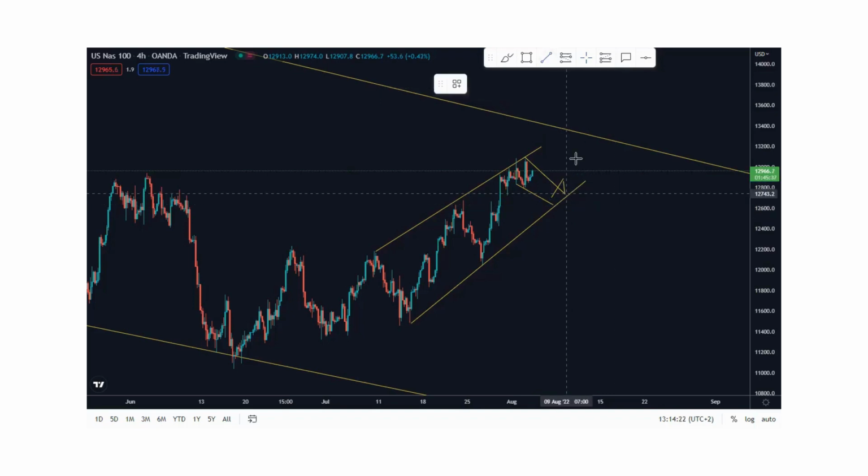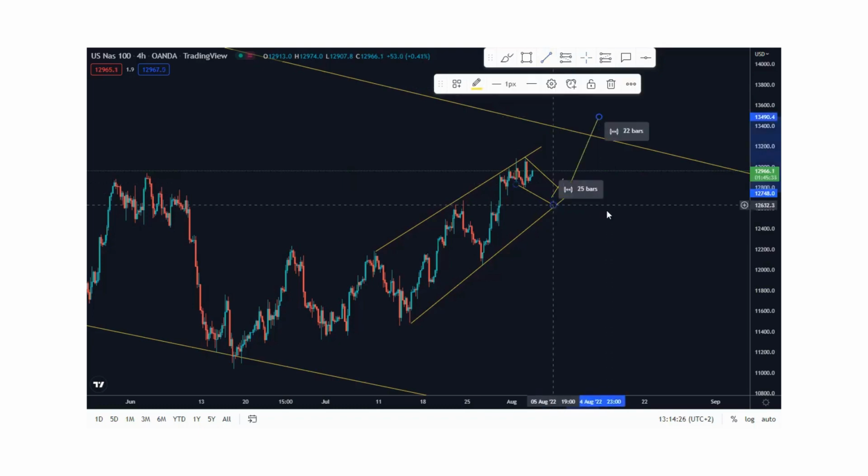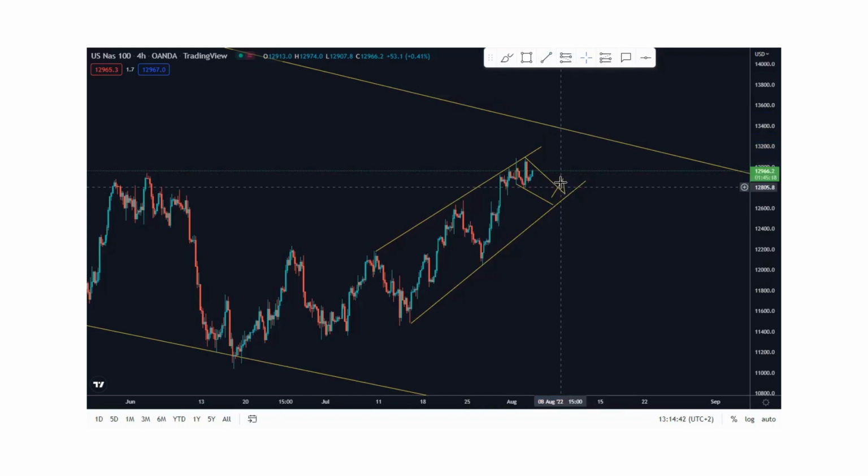That will be my second entry. So my first entry will be here. Then if it breaks and comes for a retest, that one will be my second entry. So for now, I'm seeing a buy opportunity on Nasdaq 100, but I will just see how it plays, because yesterday I took a buy entry.